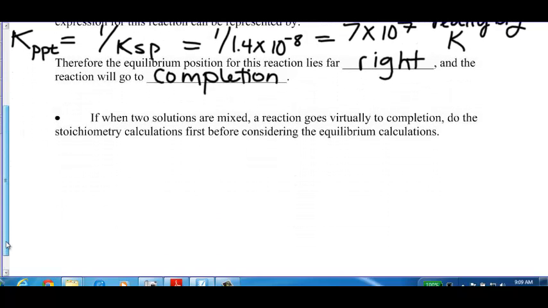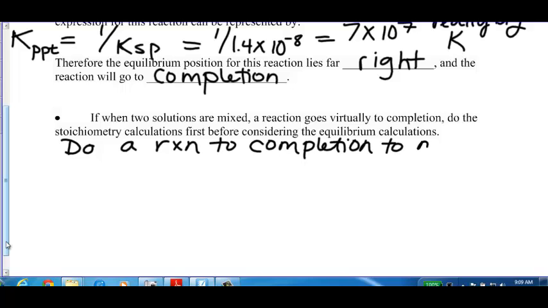So what that means, if it's going to go to completion, we have to do a reaction to completion to make a precipitate. And when we do reactions to completion, we use moles or millimoles. Okay? So what do we call them?